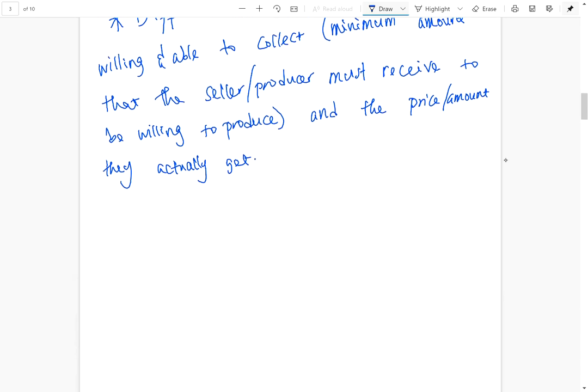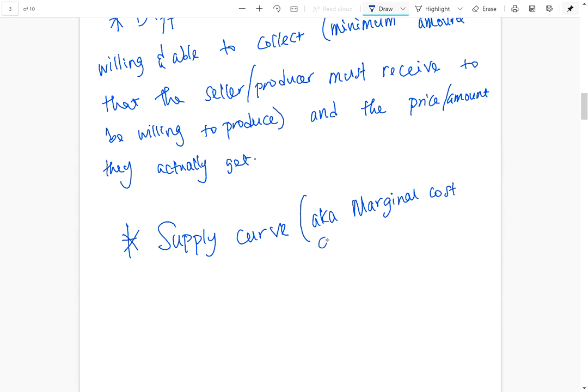Okay, now we need to note some things. Note that the supply curve, which is actually, right, the marginal cost curve above the minimum average variable cost, right?